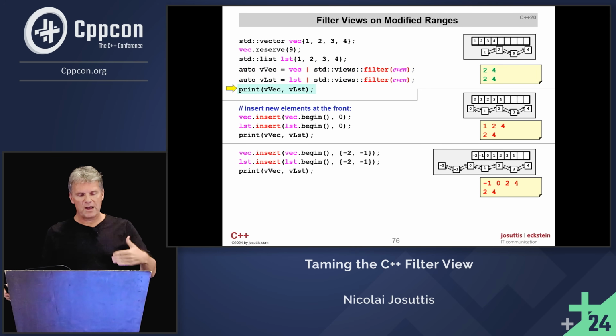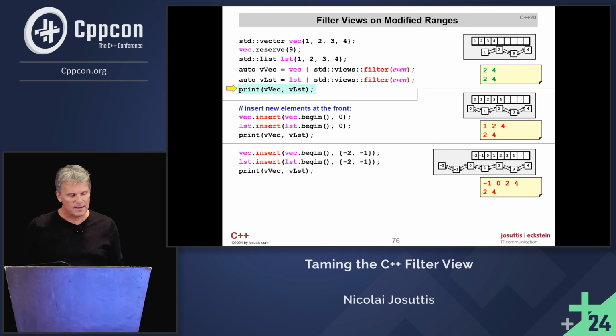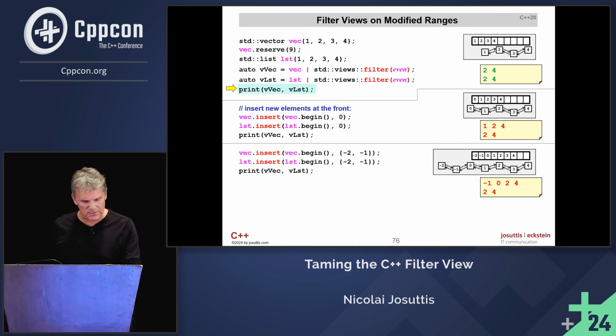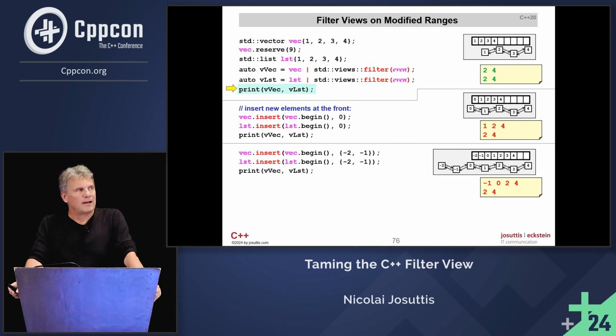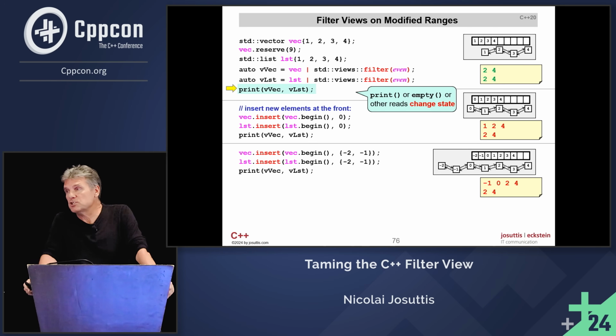Now with the first print, even the first output is broken and different. And now we even have non-even elements that are printed. Yeah, print or empty or other reads change the state. That's what we designed.